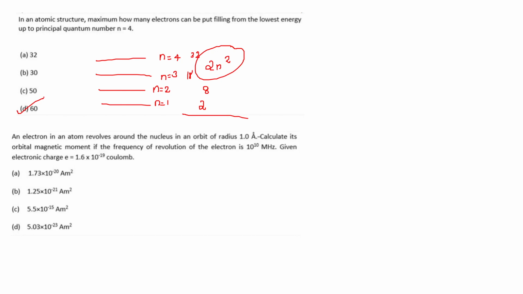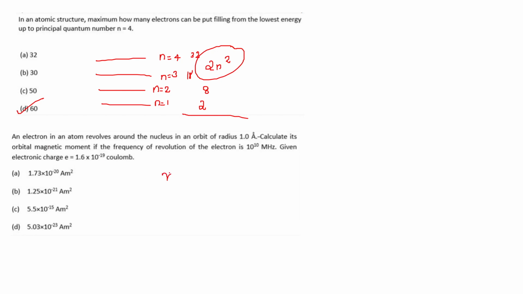Okay, that's also a very simple and fundamental basic question. The question is, an electron in an atom revolves around the nucleus in an orbit of radius r equal to 1 angstrom.